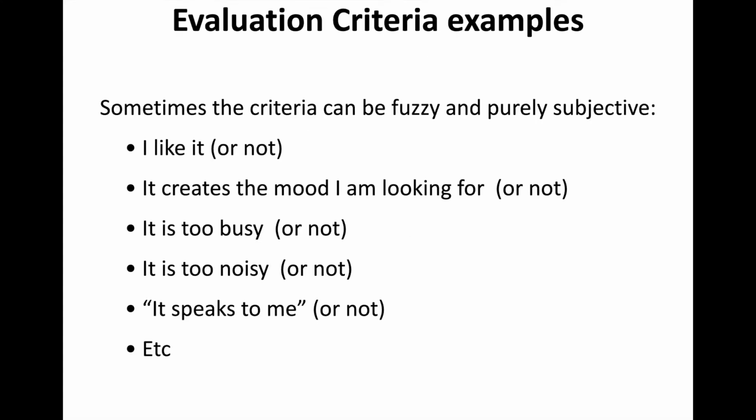Sometimes the criteria are really fuzzy and purely subjective, like I like it or not, or it creates the mood that I'm looking for or not, or it's too busy or not, or it's too noisy or not, or it speaks to me or not, plus many other ones.